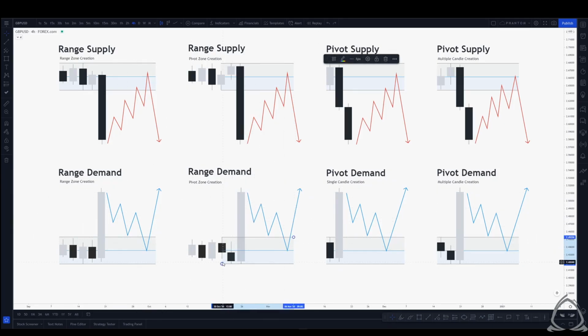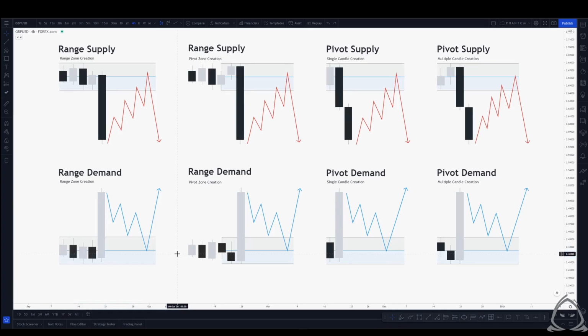Again, if I just move this over, the range would be exactly the same in this example, but it just refines it to a cleaner way of drawing or mapping the demand zone. Again, we can also use this one and just draw it on this last bearish candle before the rapid move to the upside, because in both situations, we are waiting for price to come back down into this newly created demand zone to look for entries.